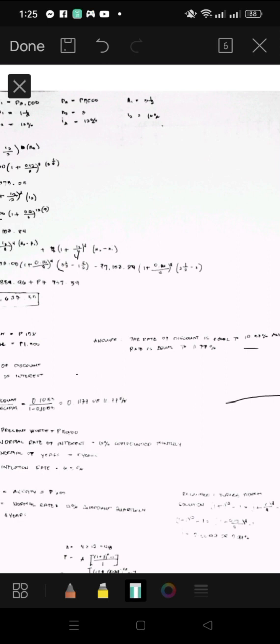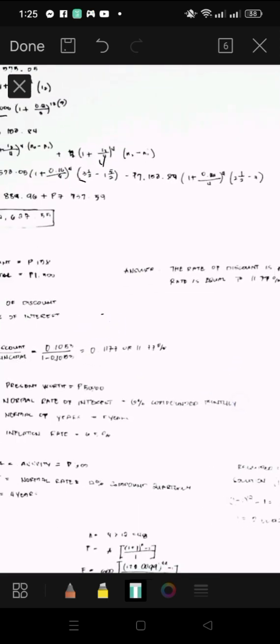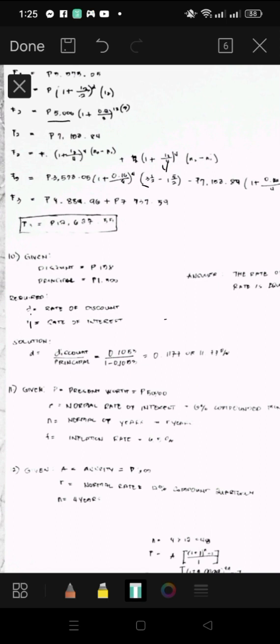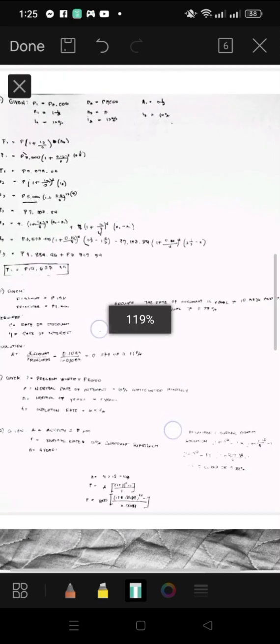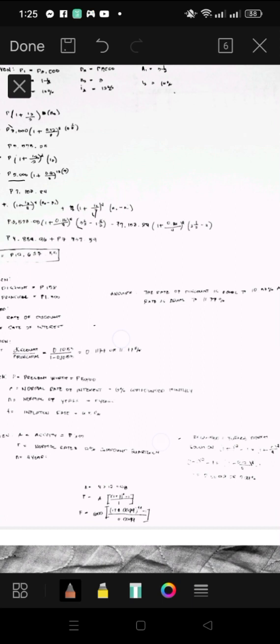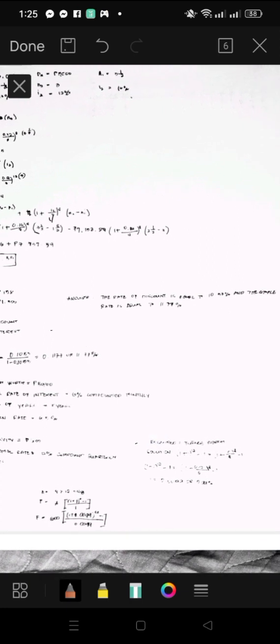So our given is P present worth is 50,000. Then the I, nominal rate of interest, is 6% compounded monthly. Then N is number of years, equal to 5 years. And F is inflation rate equal to 6.5%. Then required is F, equal future worth.